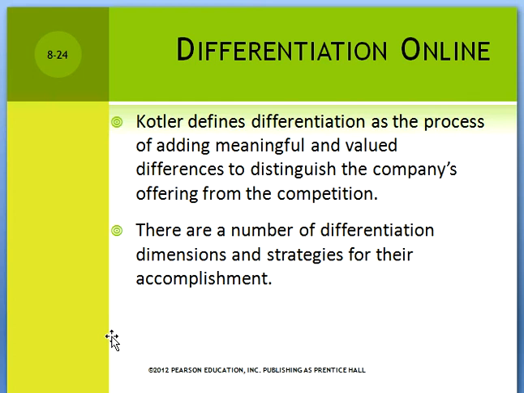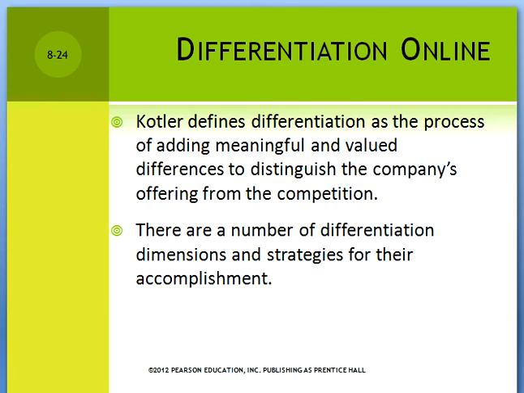You have to be different than the competition, because this will then let the customers select you rather than your competitor. There are a number of differentiation dimensions and strategies for their accomplishment. So differentiation could be based on maybe some weak points which your competitor has got.